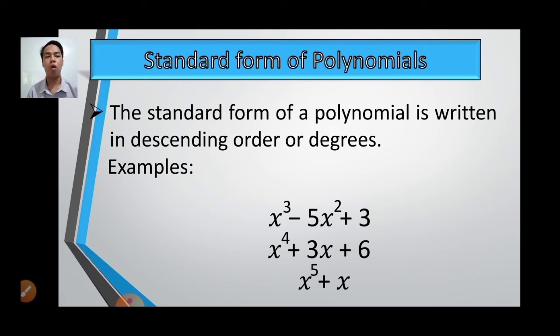The standard form of a polynomial is written in descending order of degrees. This time we're looking at the exponent, which is what we call the degree of the given terms.